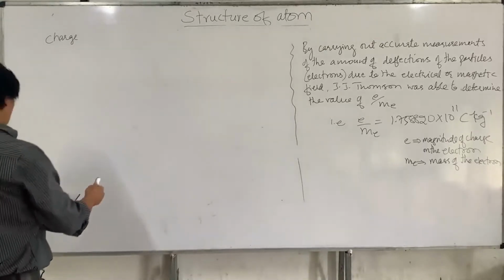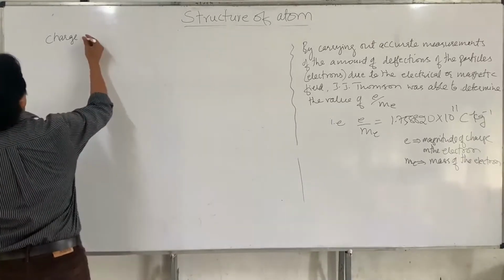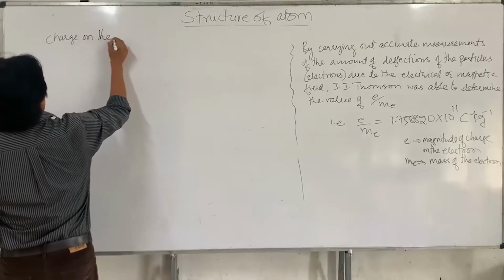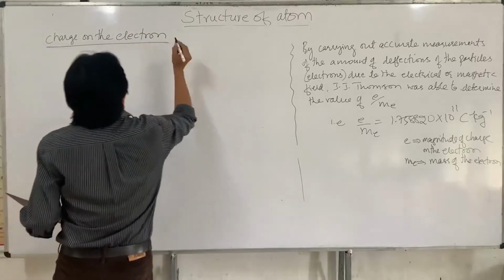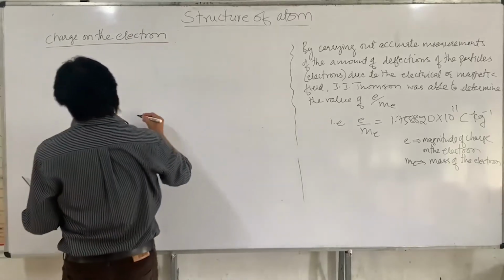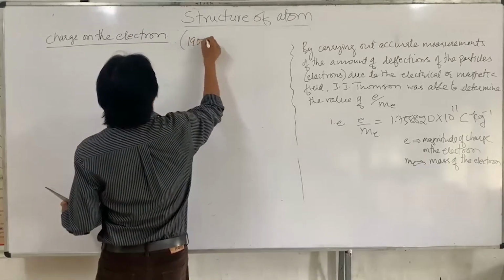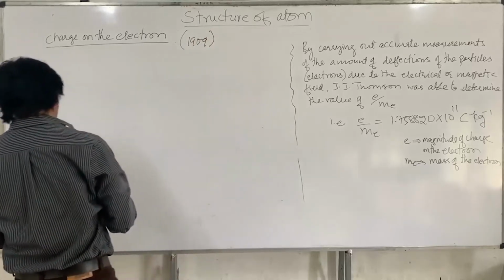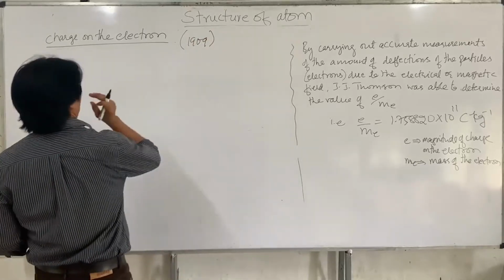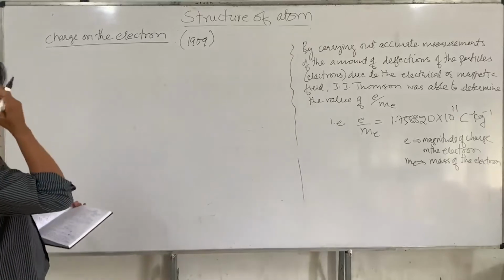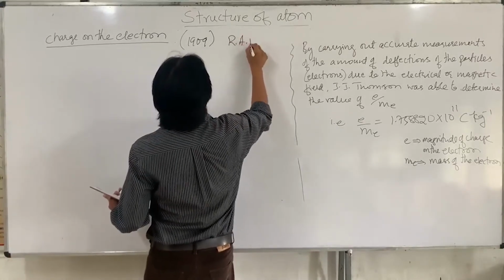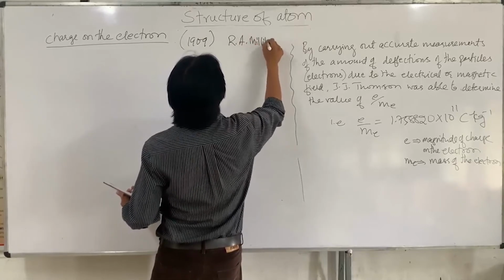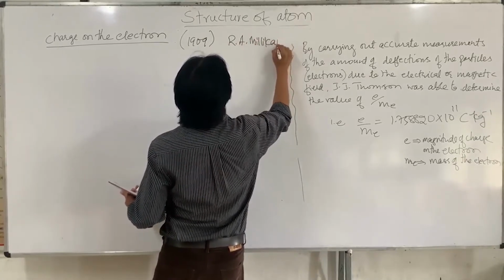So I put it this way: charge on the electron. Now, this was some time back in 1909, in the beginning of the 20th century, I should say. So it was by a scientist named R.A. Millikan.